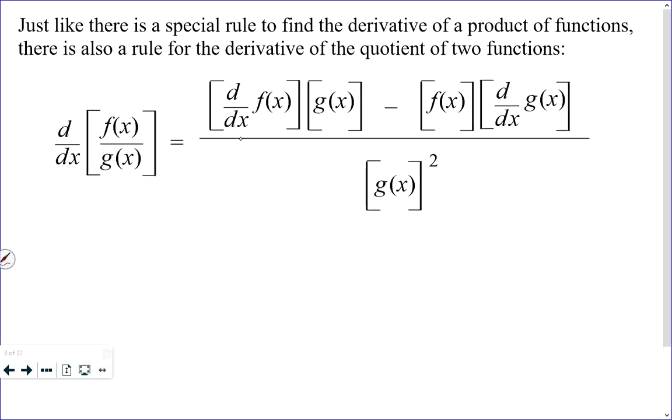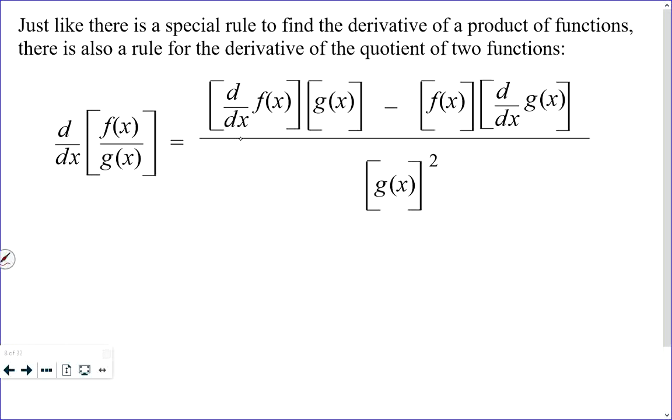And that's the rule. And it's more complicated. Probably isn't surprising that it's more complicated than the product rule, because division is a more specific operation. When you multiply things together, the order in which you multiply doesn't matter. But when you divide, it does. So division on some level is more involved.